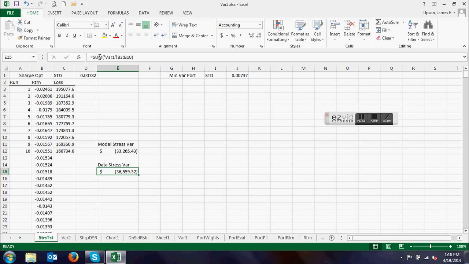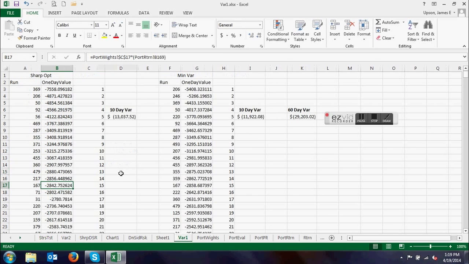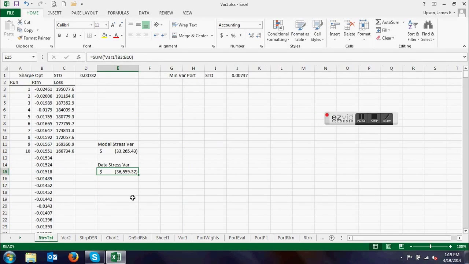So the data-driven stress test here is really straightforward. We're just going to sum, we go to VaR1, and we're just summing the worst 10 days in a row. So we lose 7,000 the first day, 4,800 the second, and so on. These are 10 consecutive days of the worst possible losses, and the total is 36,559.